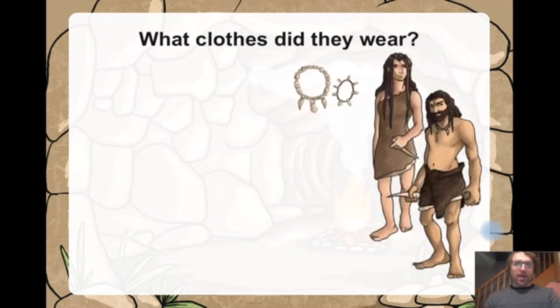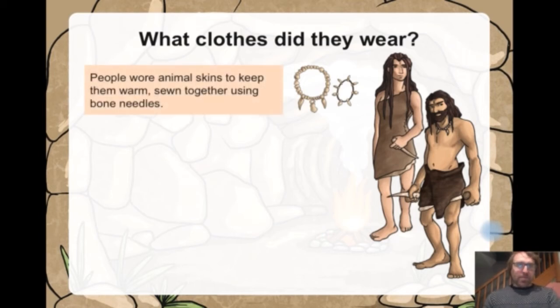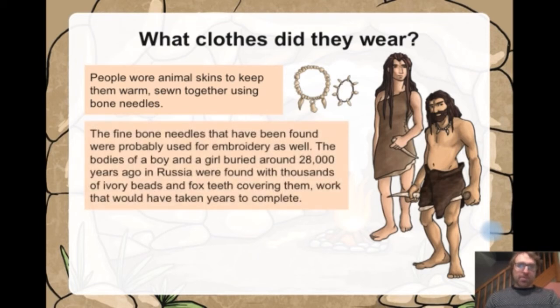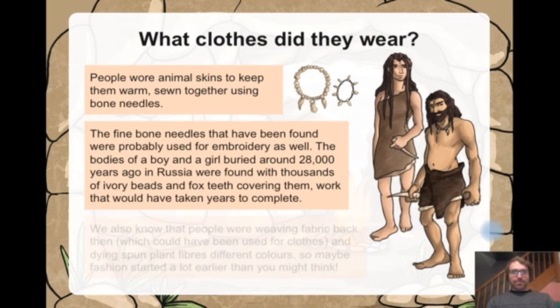So what clothes did they wear? People wore animal skins to keep them warm, sewn together using bone needles. The fine bone needles that have been found were probably used for embroidery as well. The bodies of a boy and a girl buried around 28,000 years ago in Russia were found with thousands of ivory beads and fox teeth covering them, work that would have taken years to complete.